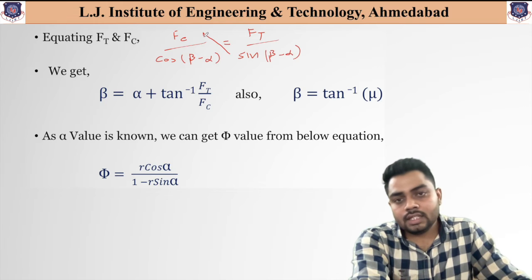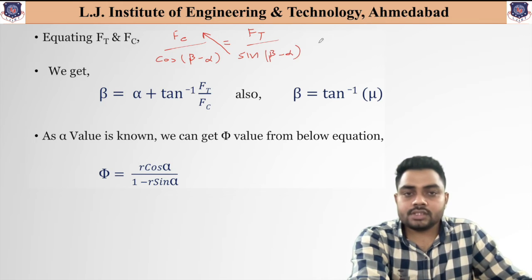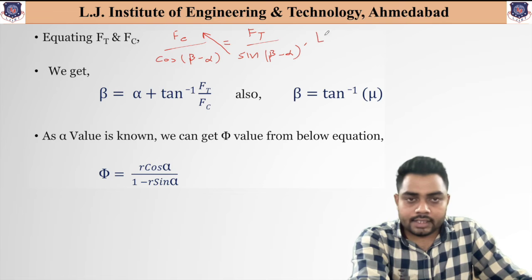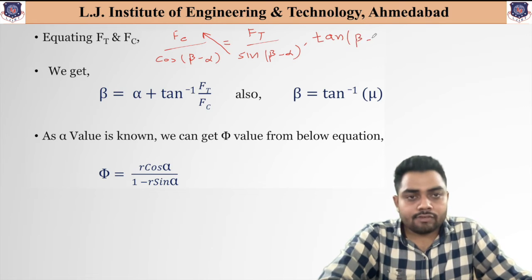So now if we interchange these positions, what will we get? We will get tan of beta minus alpha, that is equal to Ft divided by Fc.